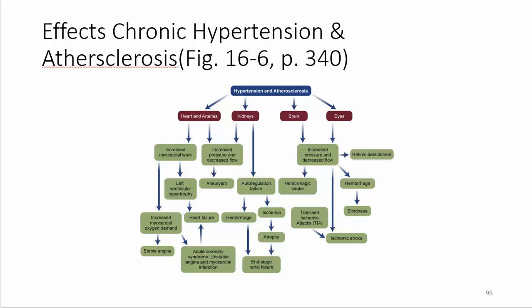It's hard on the brain, increased pressure. You can end up with hemorrhagic stroke, transient ischemic attacks, ischemic stroke, retinal detachment, retinal hemorrhage. And all of that can lead to blindness. All of these things, very real and unfortunately very common.